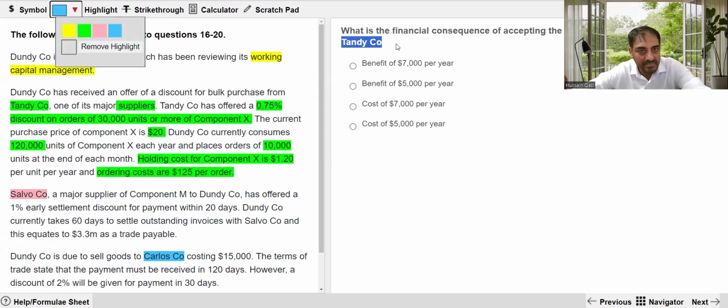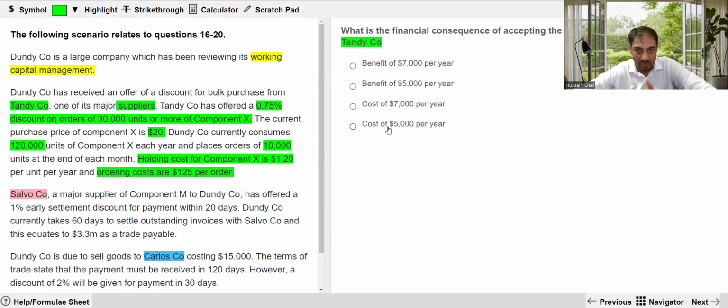What are the financial consequences of the bulk purchase discount from 10D company? The question has 4 options, and you need to solve this point by analyzing the situation. The holding cost given is $1.2. The ordering cost given is $125 per order.